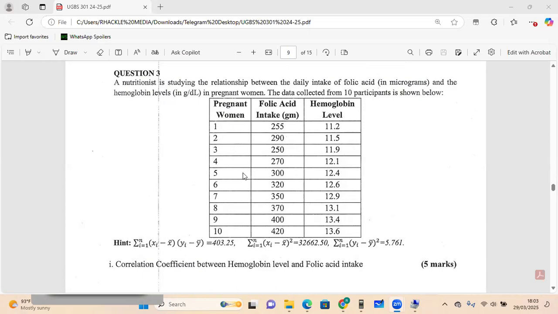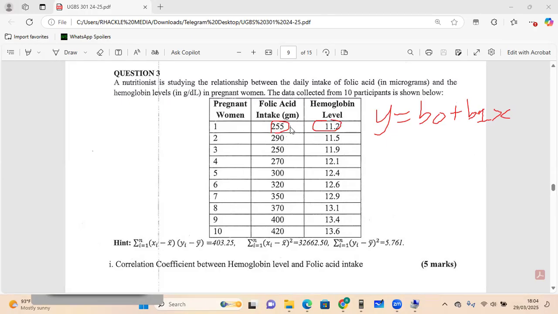So let me just use a notation here. Remember our equation: Y is equal to B0 plus B1X, right? Now let's just take this first one.